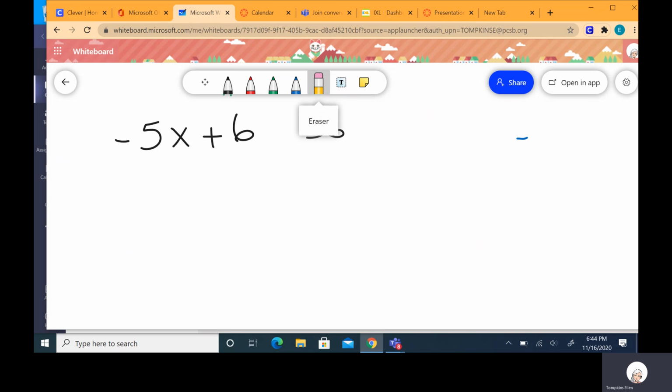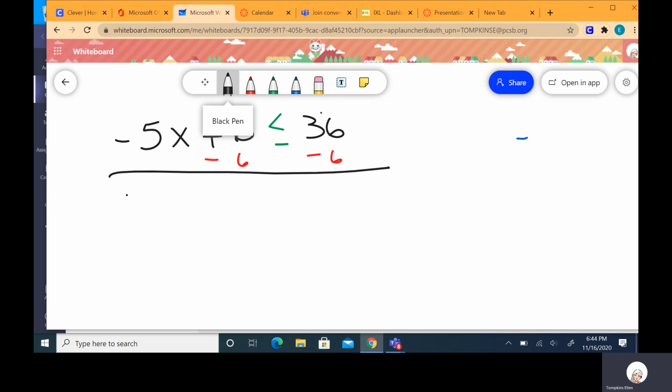Well, we want it to be an inequality, so there you go. We're going to go ahead and get that zero pair. Negative 5x, and then we're just going to solve. That looks crazy. You're going to get 30 dividing the 5 off.